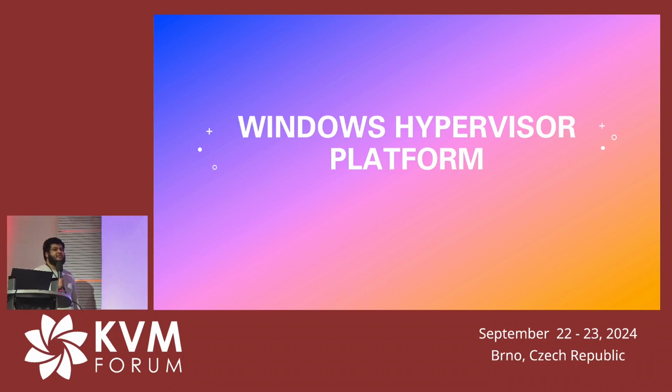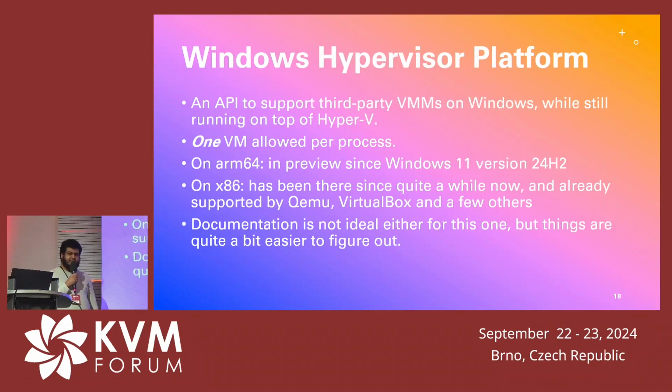So let's say you are trying to make something like VTLs. That's not going to work with this API if you try to implement it fully in user mode. And by the way, there are VTL mentions all over the place in the Windows Hypervisor Platform API, but VTLs are not implemented in Windows Hypervisor Platform.